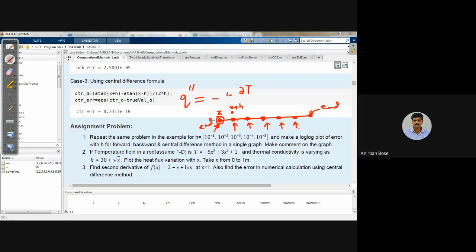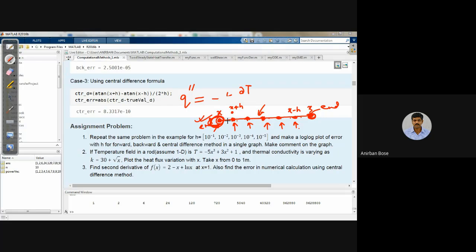So for the left end you use the forward difference formula to find the derivative, and for the right end you use the backward difference formula, because only the x minus h neighbor is there and the x plus h neighbor is not, so you can't use the central difference. For all the intermediate points you use the central difference, because it has much higher accuracy.